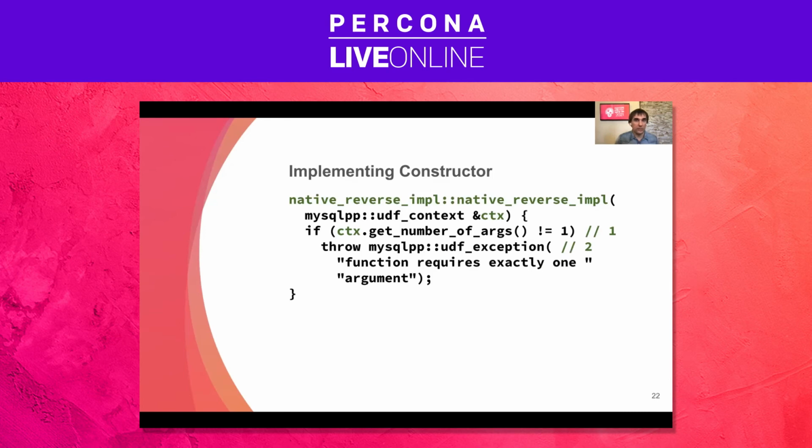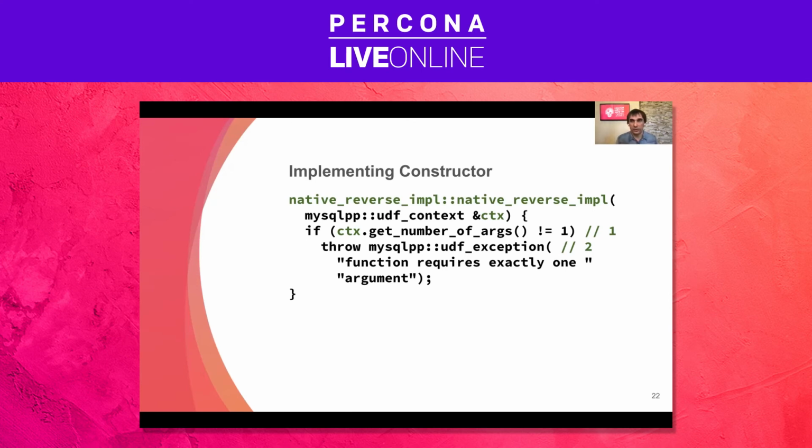Now let's see how the constructor and calculate function are implemented. Let's start with the constructor. You can see that we have this UDF context CTX parameter, from which we call a method get number of arcs at line 1.